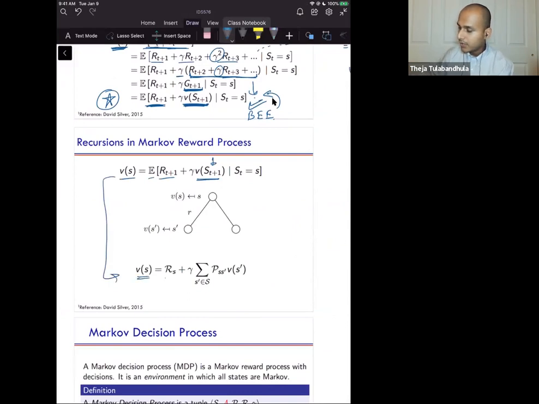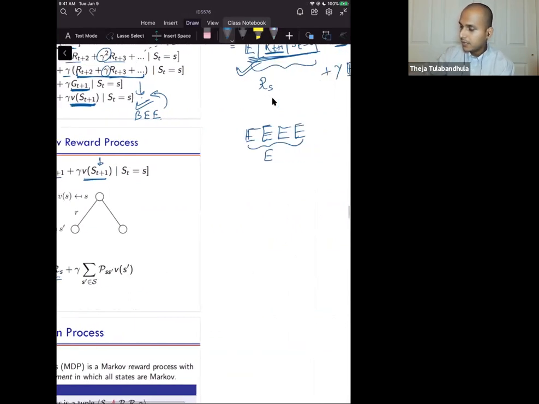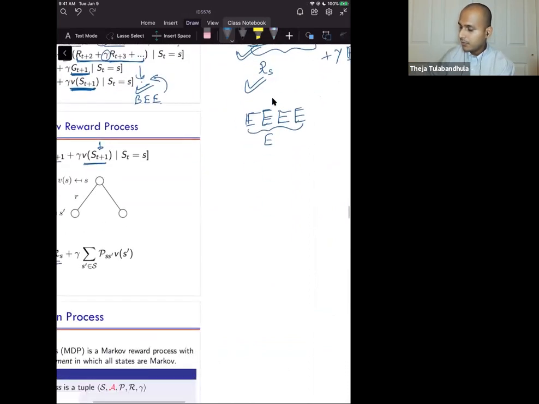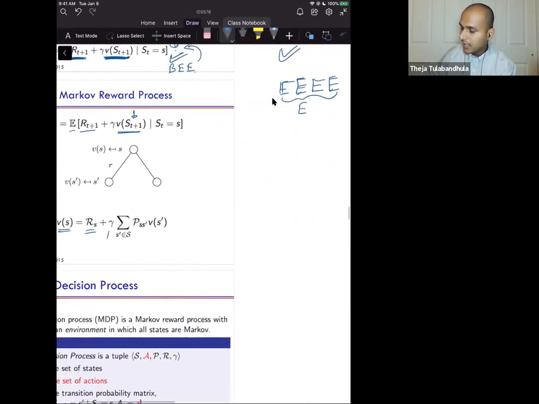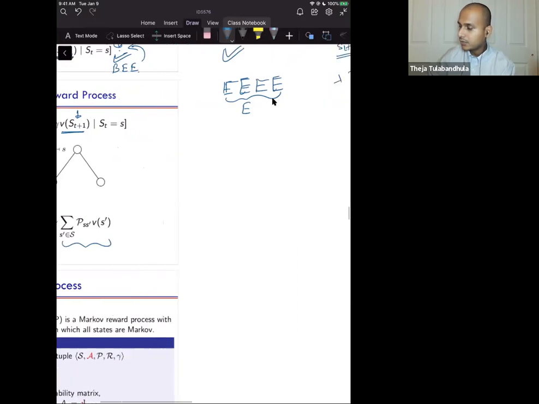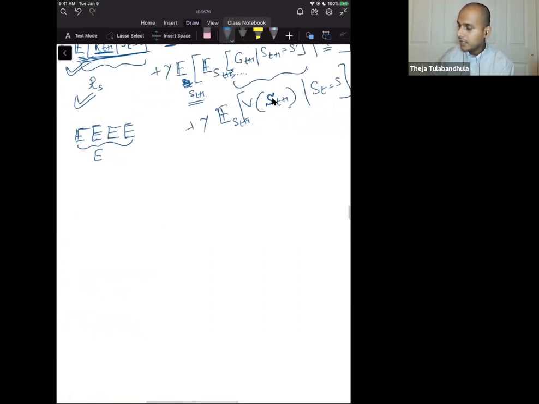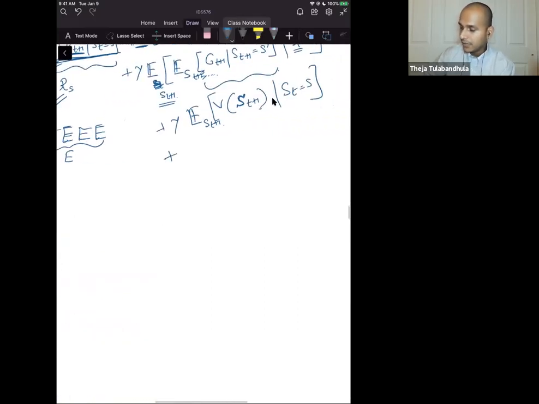So v of s is equal to r of s, which is what I wrote here, plus gamma times an average. This is nothing but gamma times the sum over s prime of the probability of going to s prime from s, times v of s prime.